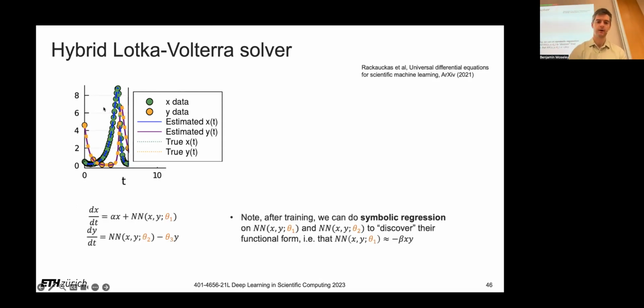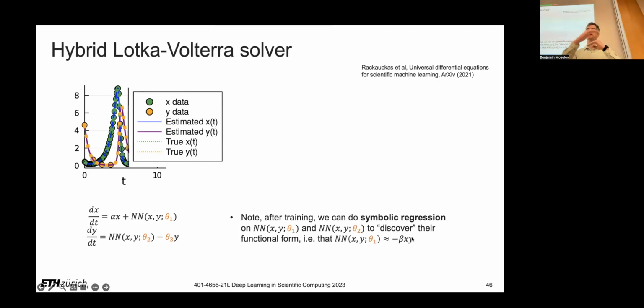So now once we've trained the system, we have these neural networks, and one extra step that we can do is symbolic regression on each of these neural networks to effectively discover what this underlying analytical equation is. There are actually many symbolic regression algorithms out there that you can use, and that would help you realize that this neural network is just approximating x times y.